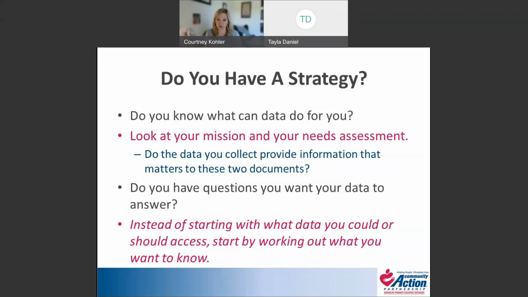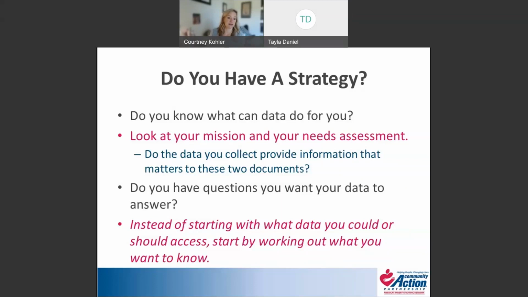Community action is really built on data-driven decision making, because our model is all about doing that needs assessment to design the programs and services that need to be offered by the community action agency. So we want to draw those connections to the data that we're collecting as part of the needs assessment.